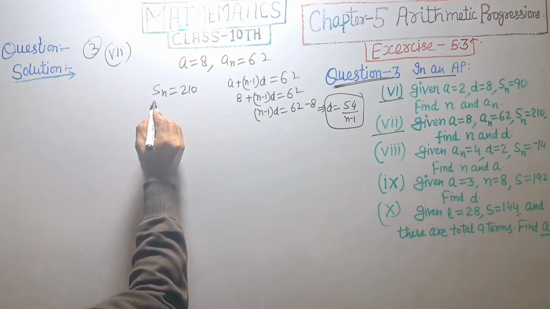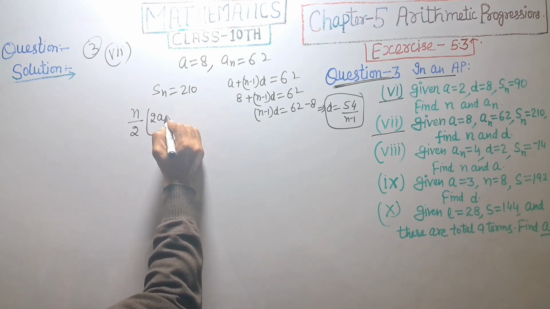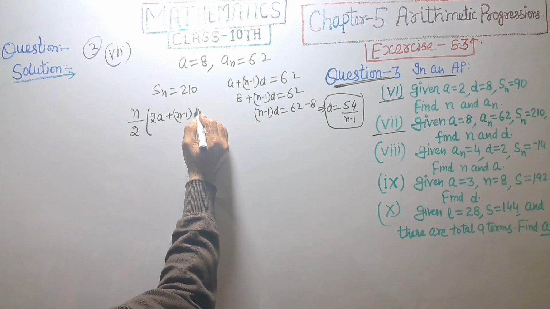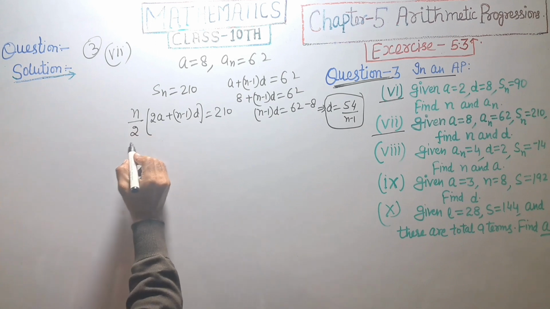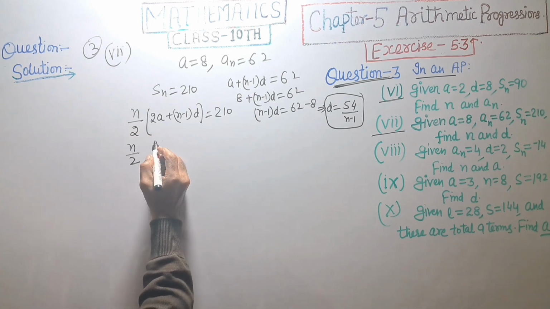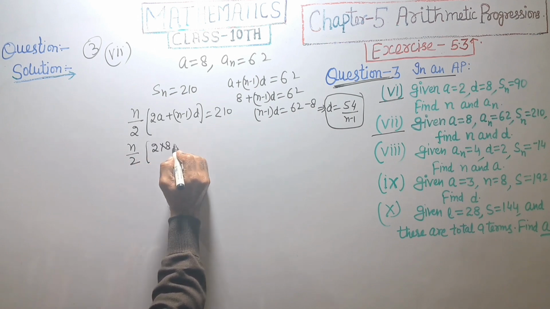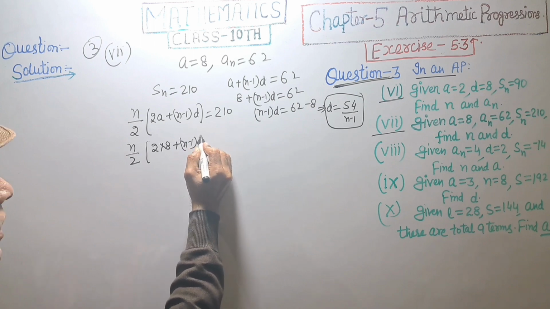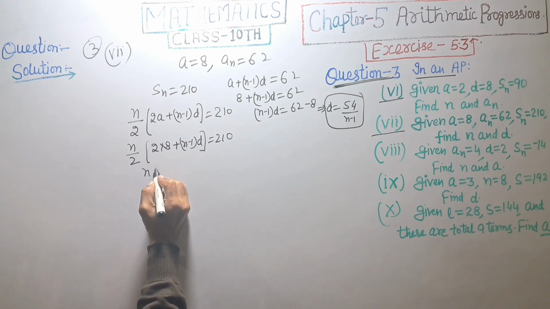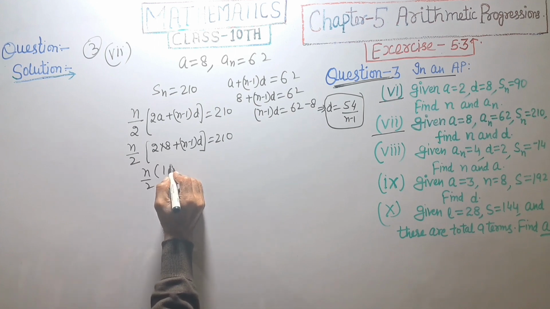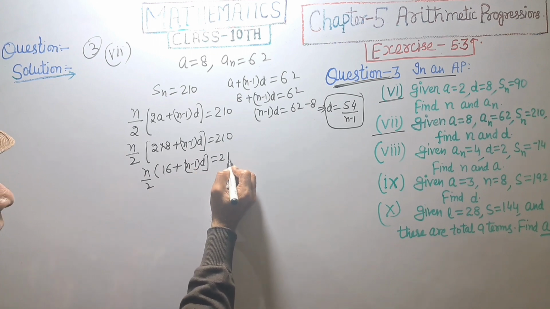But Sn is equal to n upon 2, (2a plus (n minus 1) into d) is equal to 210. n divided by 2, (2 into 8 plus (n minus 1) into d) is equal to 210. n by 2 into (8 2s are 16 plus (n minus 1) into d) is equal to 210.